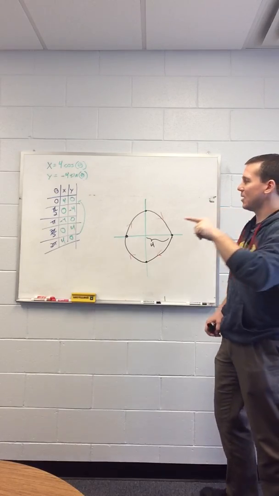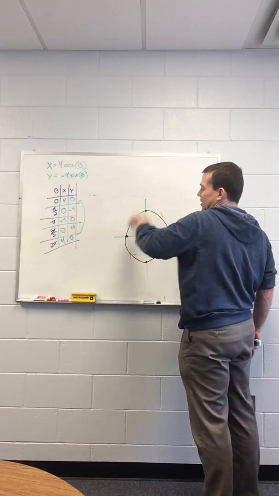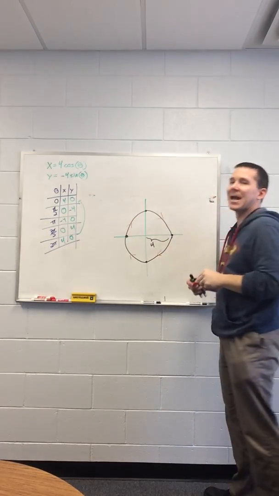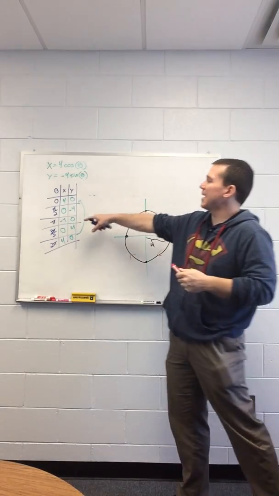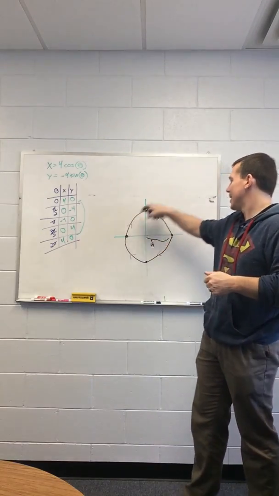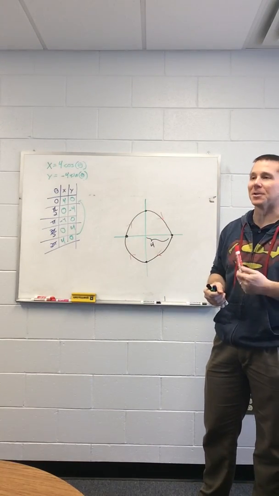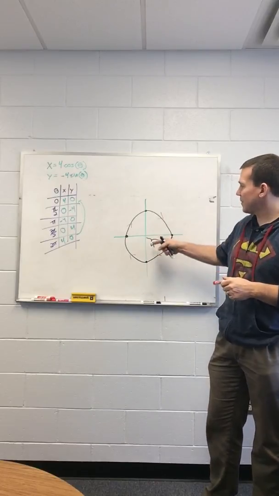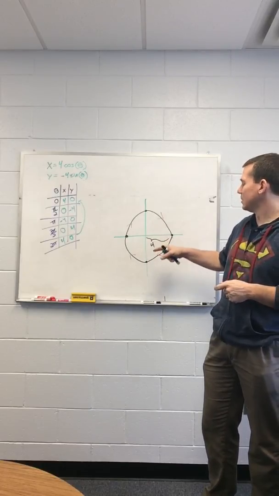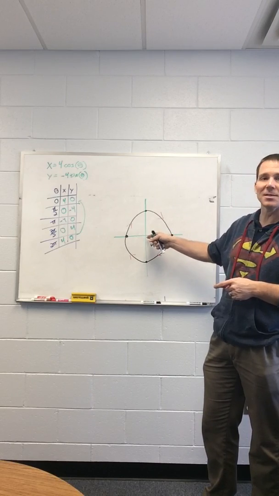And as time keeps going, I just get a circle that repeats itself over and over again. If I restricted myself to thetas from, say, 0 to 2 pi, then I would just get one spin around the circle.